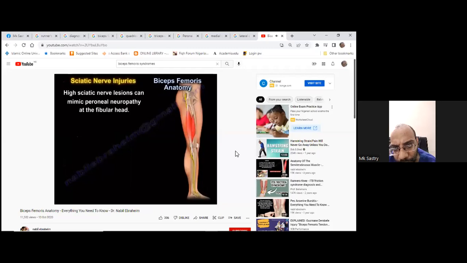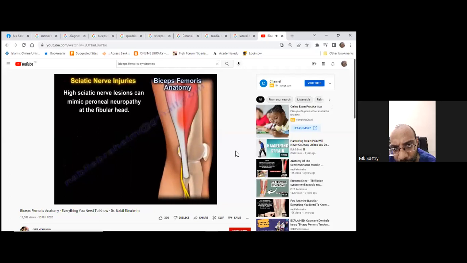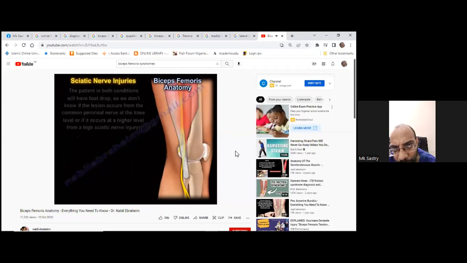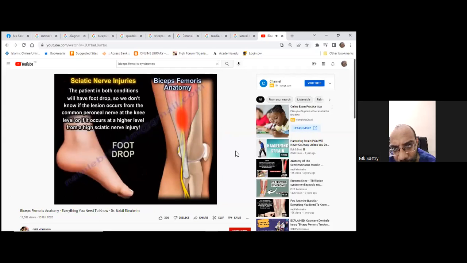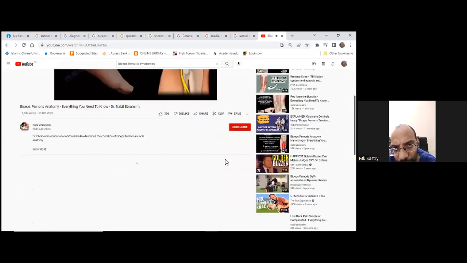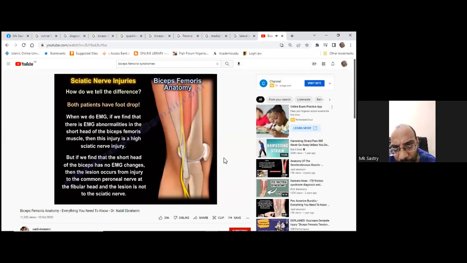High sciatic nerve lesions can mimic peroneal neuropathy at the fibular head. The patient in both conditions will have foot drop, so we don't know if the lesion occurs from the common peroneal nerve at the knee level or at a higher level from a high sciatic nerve injury. So how do we tell the difference?